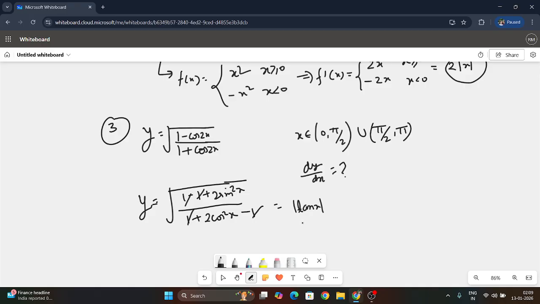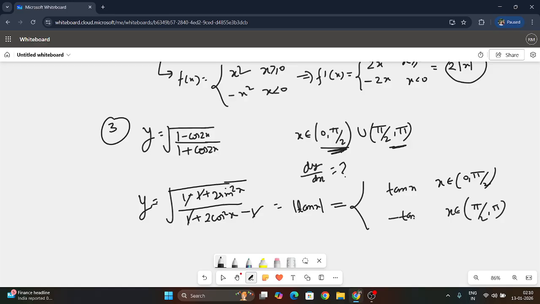You should know that in the first quadrant, 0 to pi by 2, tan x is positive, and in the second quadrant, pi by 2 to pi, it is going to be negative. So when x belongs to 0 to pi by 2, this is going to be tan x, and when x belongs to pi by 2 to pi, this is going to be minus tan x.